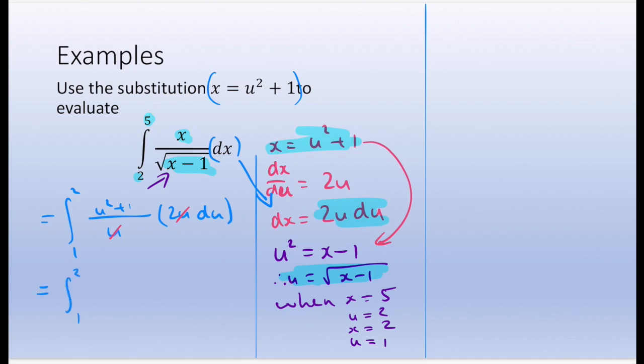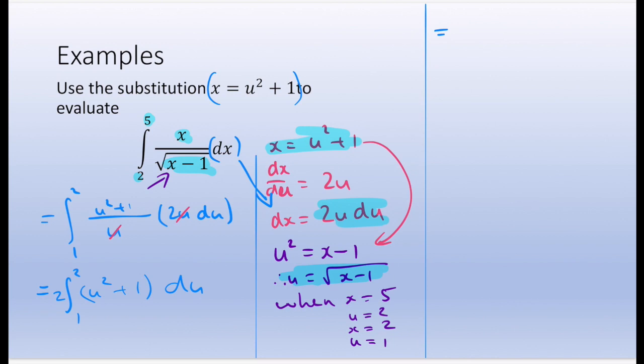So we've got 2, 1, and what I'll have is 2 bracket. Actually, I'm going to move that 2 to the front of the integration because I can do that. So we just have u squared plus 1, all with respect to u.